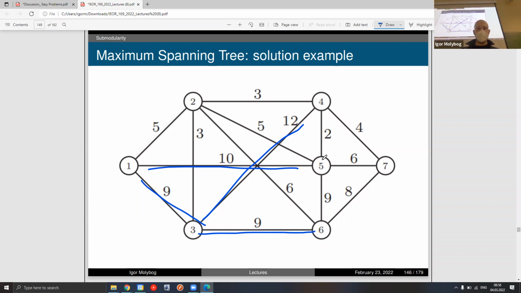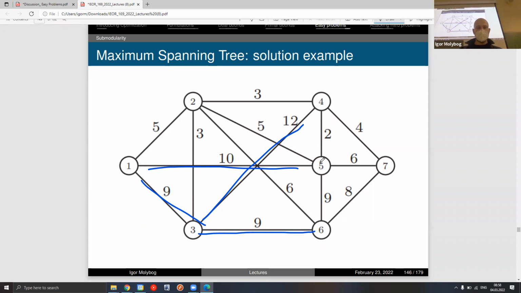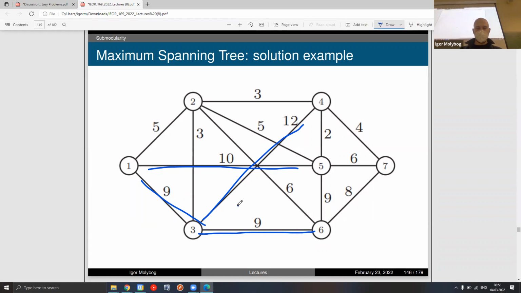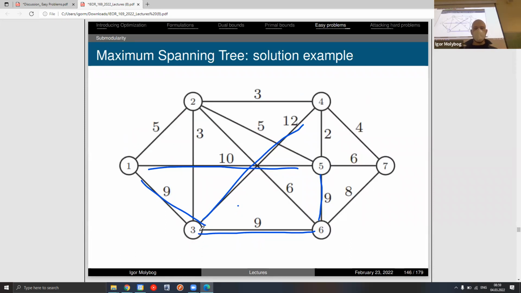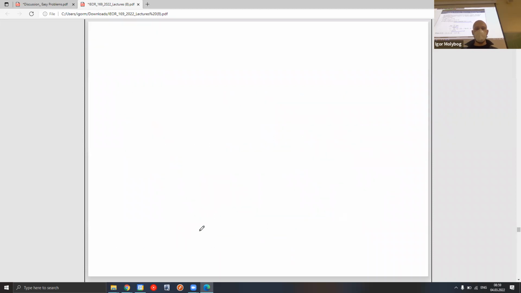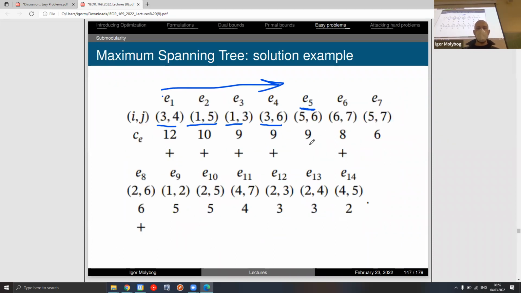And if we were to add another edge, which is 5, 6, we would create a cycle from 1, 5, 6, and 3, and therefore this would contradict our goal of creating a tree subgraph. Therefore, we are not taking it into our subtree.